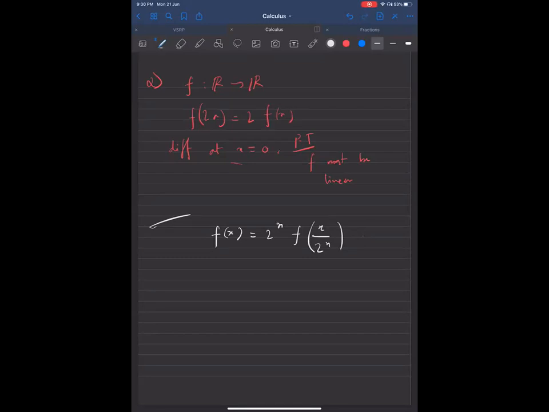If f of 0 is 0, we can apply L'Hopital's rule. We will get f dash of x by 2 to the power n into x minus 2 to the power minus n log 2.